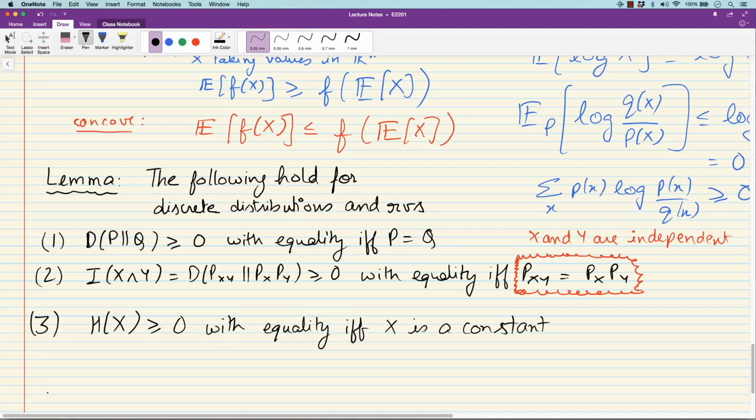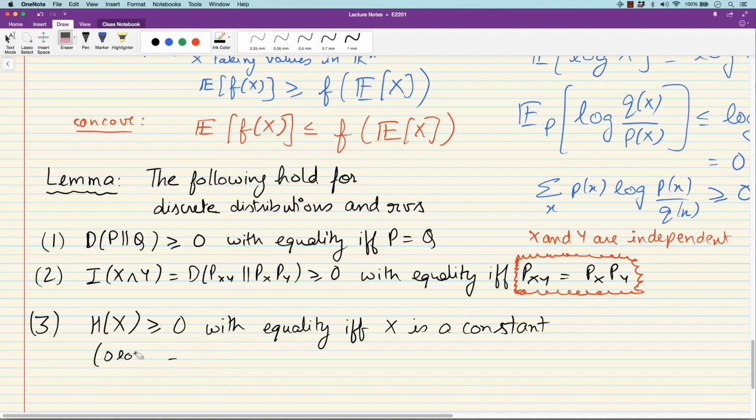Yeah, this is easy to see because H(X) is simply the summation over x of P(x) log 1/P(x). All terms are non-negative in that sum. But when is that sum equal to 0? When all terms are 0. These terms can be 0 either if P(x) is 0 or if P(x) is 1. The convention we are following is 0 log 0 is 0.